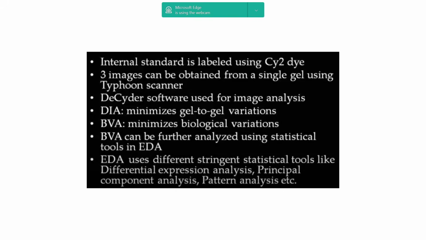BVA is for minimizing biological variations, which can be further analyzed using a tool called EDA. This specific tool uses different statistical tools like differential expression analysis, principal component analysis, pattern analysis, etc. All that can be done using the EDA tool present in the DeCyder software.